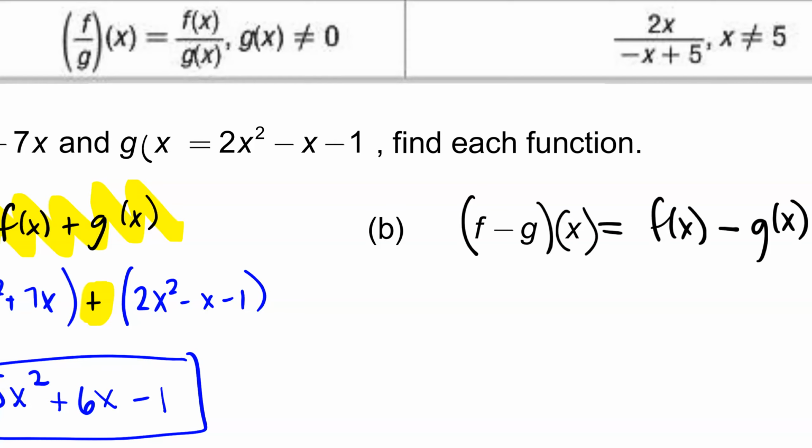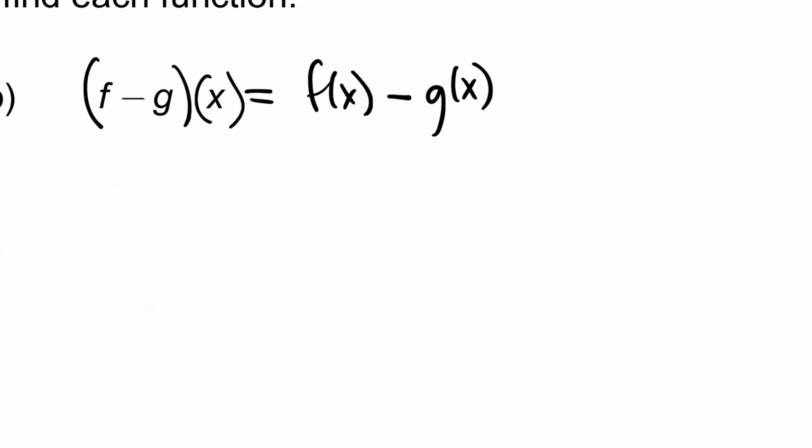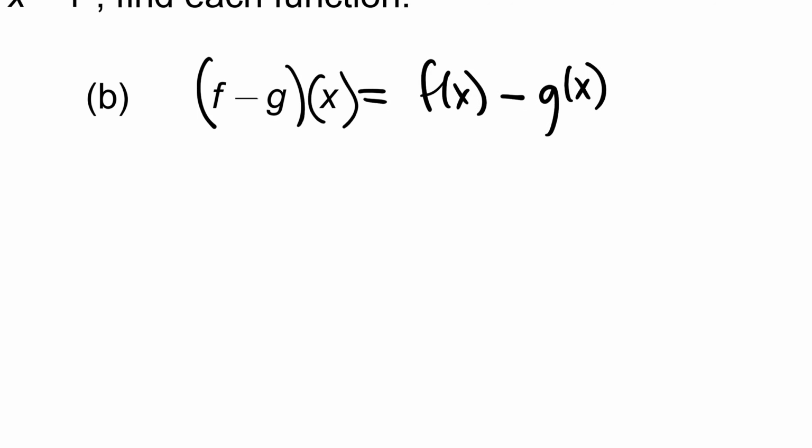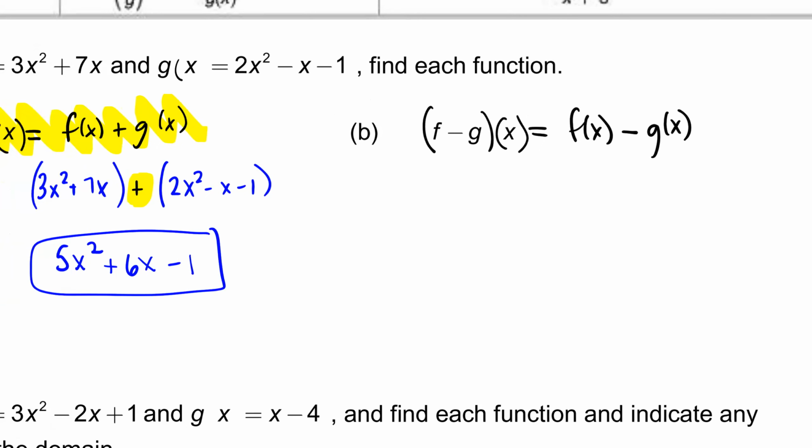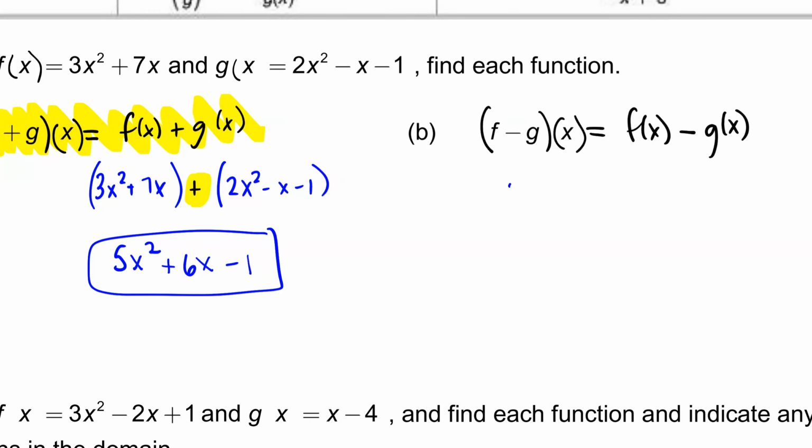Yeah. So, f minus g of x. This is literally saying f of x minus g of x. So let's write out our formula. I'm taking 3x squared plus 7x and I'm subtracting my second function, 2x squared minus x minus 1.